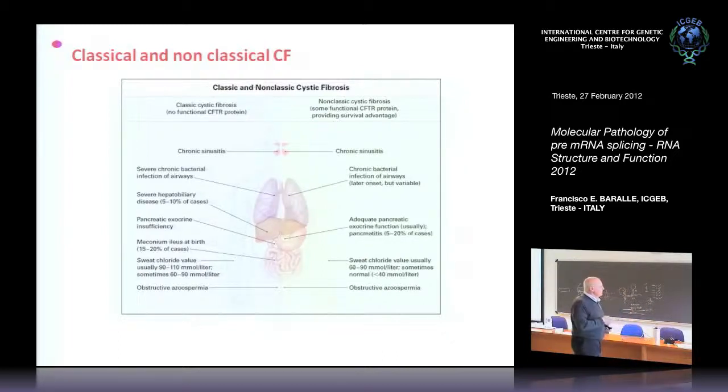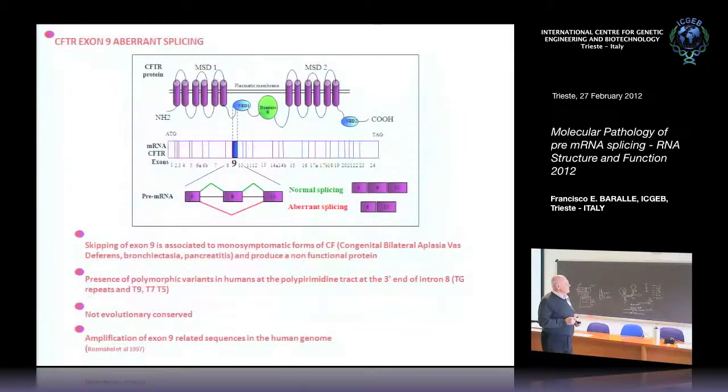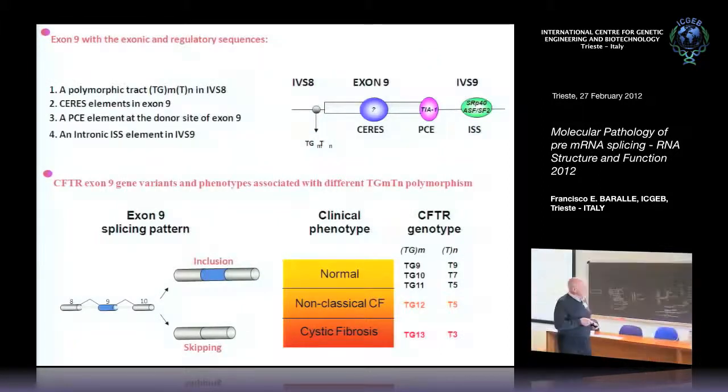We have worked a lot on cystic fibrosis, and regarding the 3' splice site, we have found an aberrant splicing on exon 9 that was caused not by mutations in exon 9, but by variability in the 3' splice site. This 3' splice site has a sequence that is repeated.